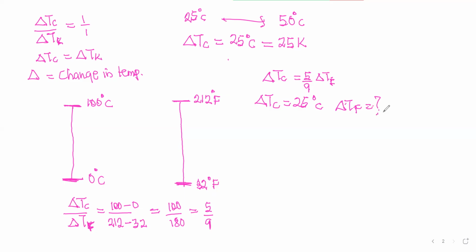We have a change in temperature of 25 degrees Celsius. What will be the equivalent change in temperature on a Fahrenheit scale? Start work whilst I take note of attendance. You are helping me determine the equivalent change on a Fahrenheit scale.